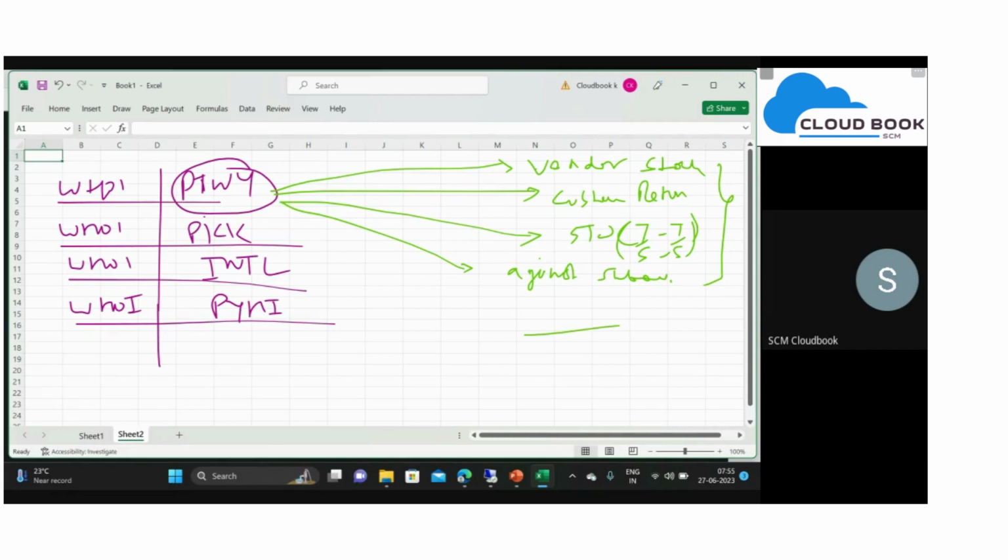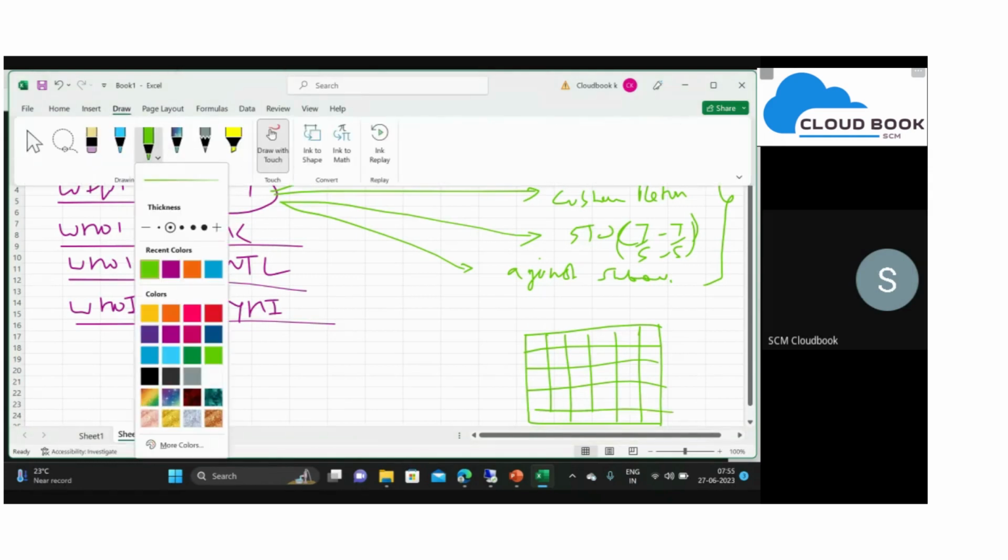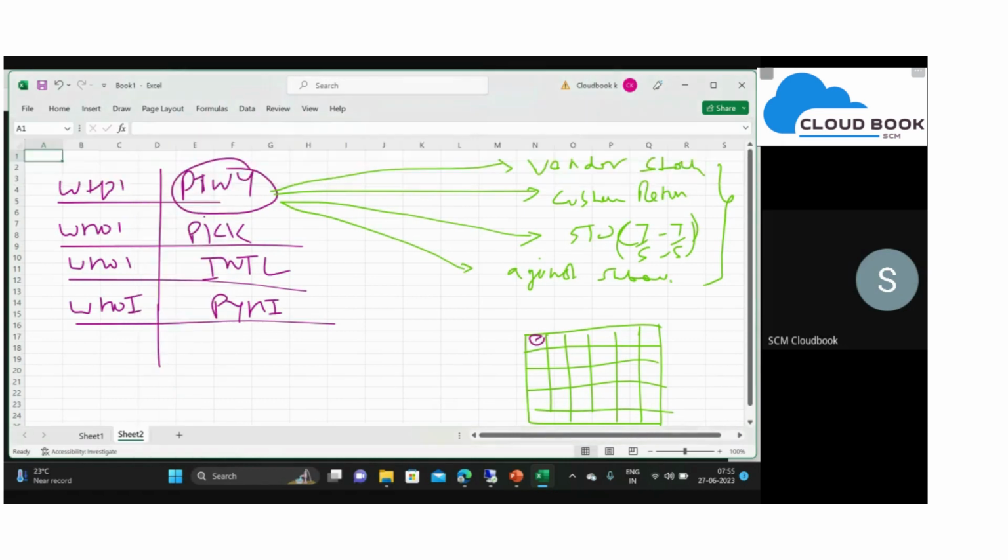Now you can see that you have this particular storage type in which you manage all your put away. Out of these, some of the bins, maybe you are following a certain pattern over here. This basically belongs to the vendor stock.